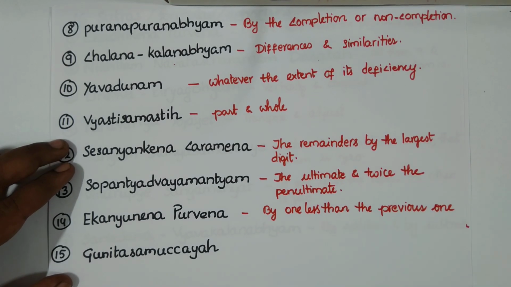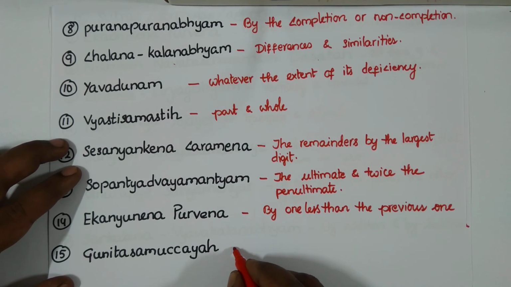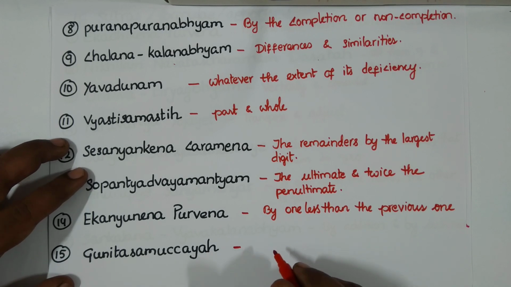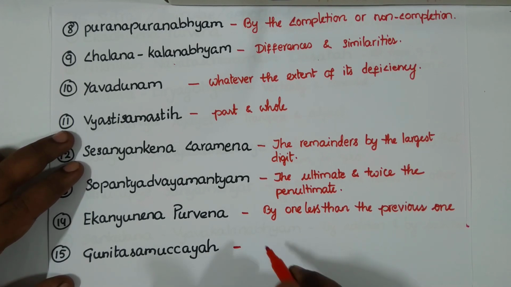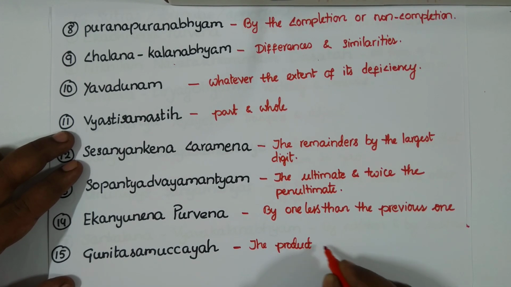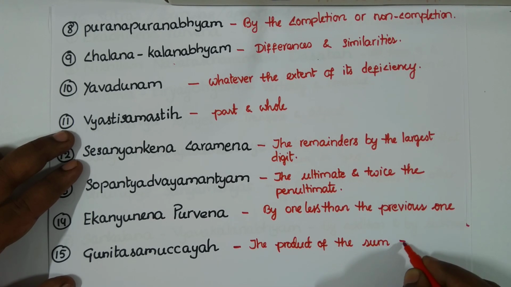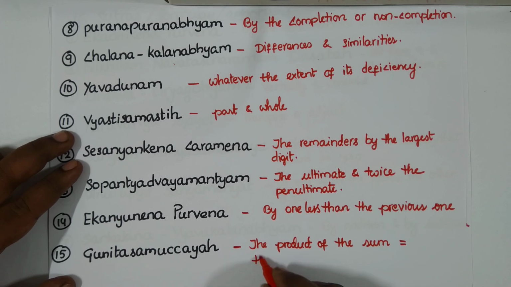Just learn these 16 sutras and 13 upasutras. That's it. You can solve any kind of problem in mathematics. But you should know how to apply things. Now Gunita Samuchayaha means the product of the sum is equal to the sum of the product.